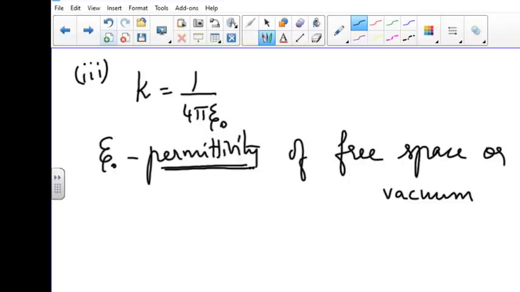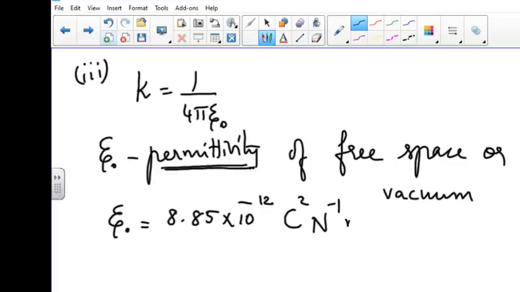And the value of permittivity, epsilon naught, is equal to 8.85 into 10 power minus 12 C squared N power minus 1 m power minus 2. That is the value of epsilon naught for free space or vacuum, and this value is a constant. Now we can determine the value of k.